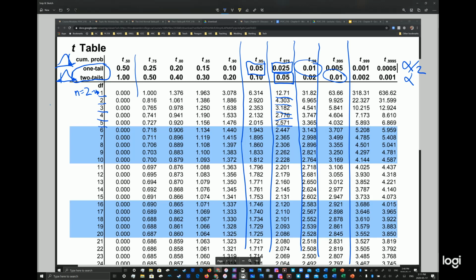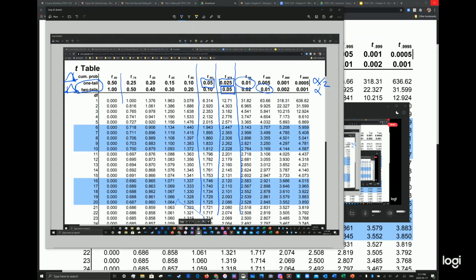So as you approach infinite degrees of freedom, for example, if you have a sample size of 10, you'd look at degrees of freedom 9, not 11, and then you'll see the critical value here is 2.262 for a two-tailed test where alpha is at 5%. So I'm going to scroll down now.